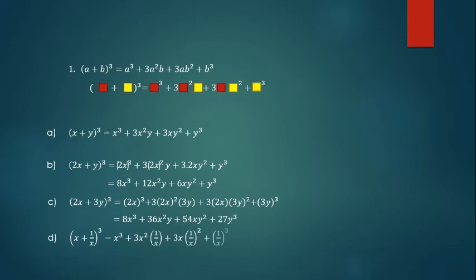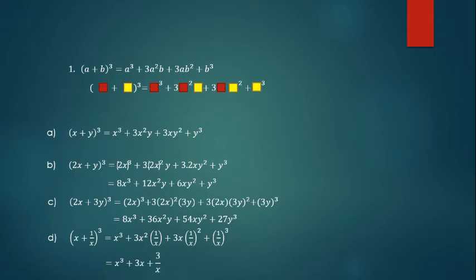So we have x cube plus 3x square into 1 by x plus 3x into (1 by x) whole square plus (1 by x) whole cube. In the second term, the x square can be considered in the numerator and an x in the denominator we have, which can be cancelled, and thus it becomes 3x.